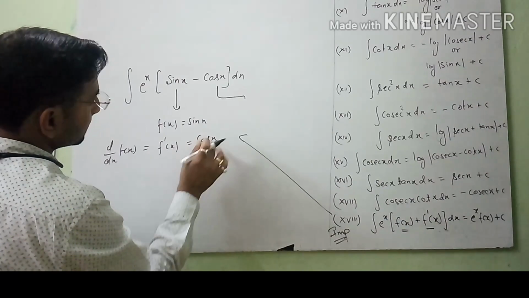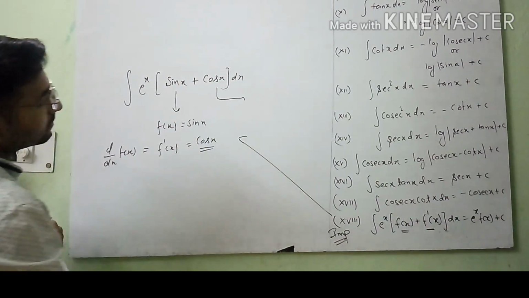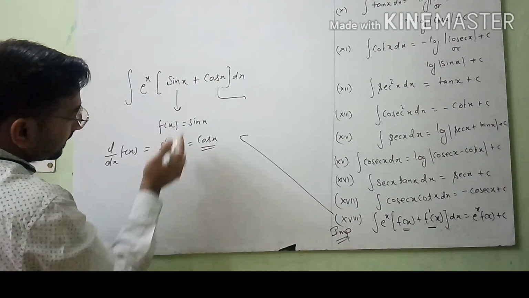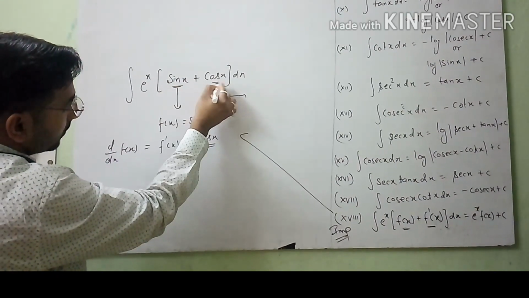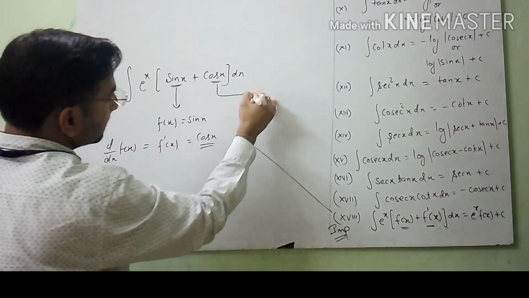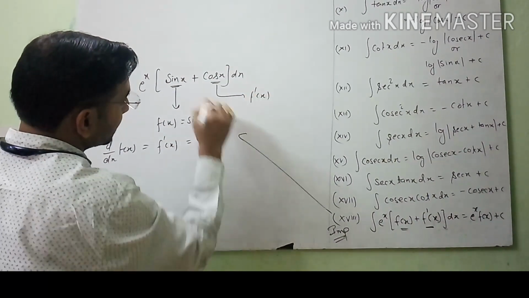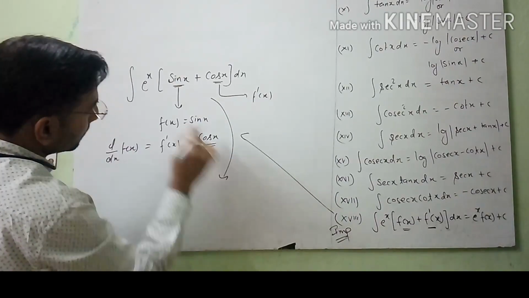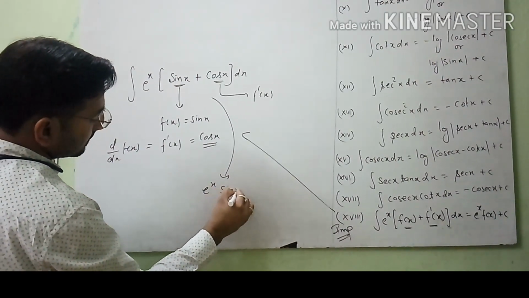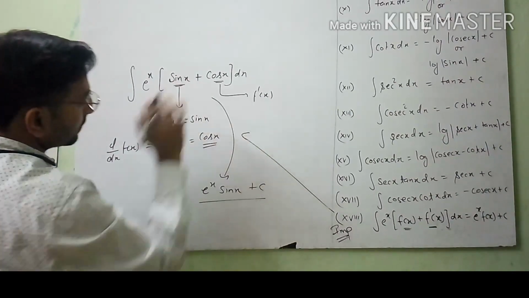So here f dash x is cos x, and I will use a positive sign. In my example, sin x is our function and cos x is the derivative of this function. Then the solution for this is e raised to the power x sin x plus c. This is the solution for this type of question.